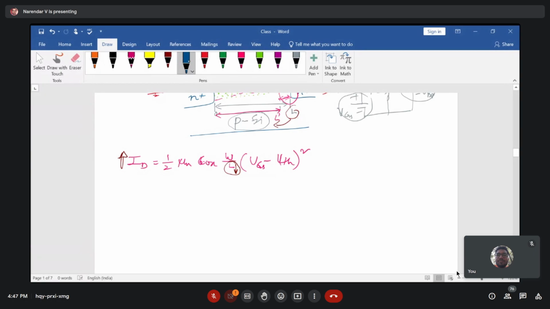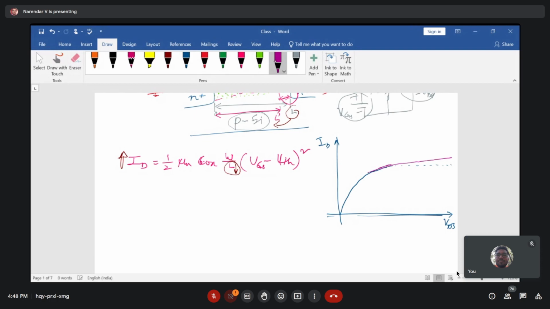Okay. Now, if we draw the current plot here, this is VDS and ID. What you assume is that when the current saturates, it is supposed to be constant, but instead of that, it is going to increase, something like this.